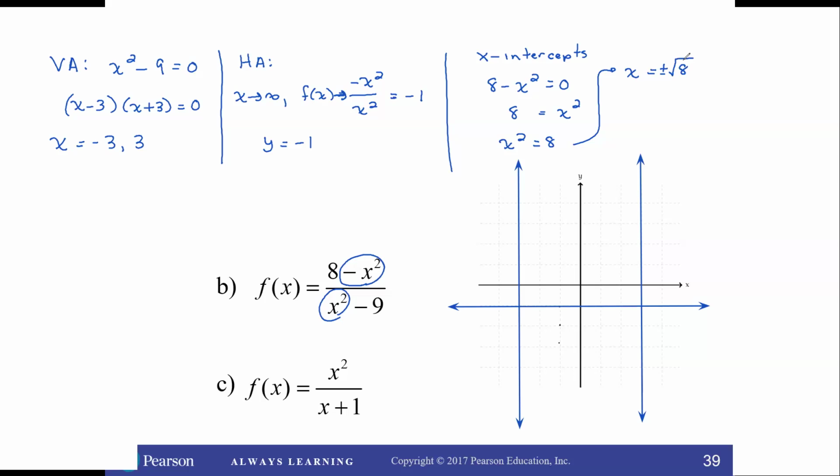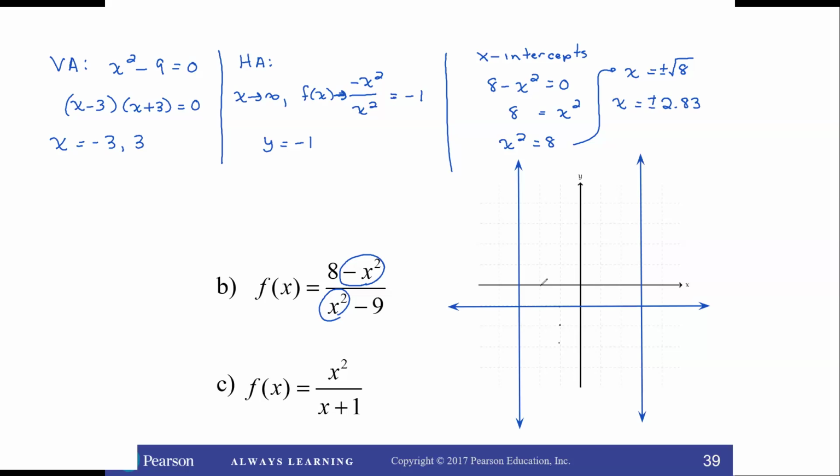That in itself isn't particularly helpful to us. As an approximation, the square root of 8 is about 2.83. So I have 2 points that are going to be my intercepts.